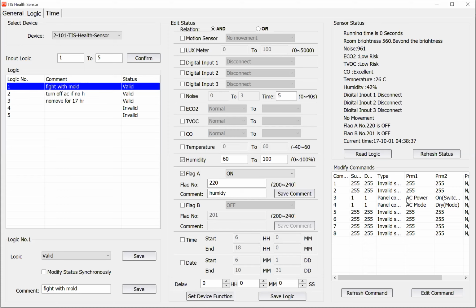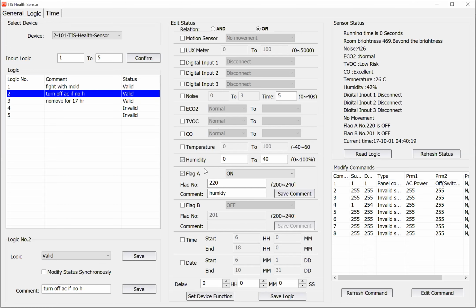Mr. Kwali, I don't understand your question. Would you please explain more? Here we have one logic. We said if the humidity is between 60% to 100% and flag number 220 is on, then turn on the air conditioner. And here we said if the humidity is between 0 to 40% and flag number 220 is on, then turn off the AC.